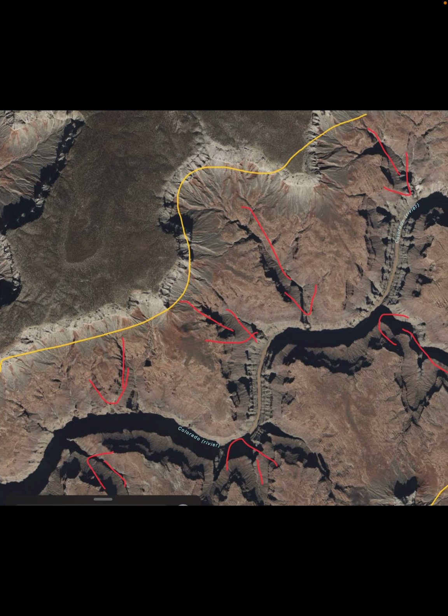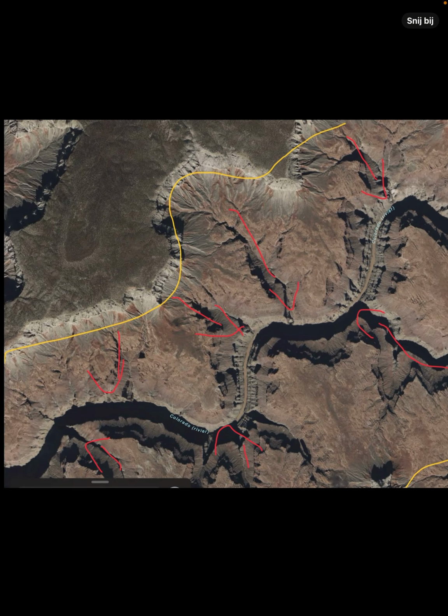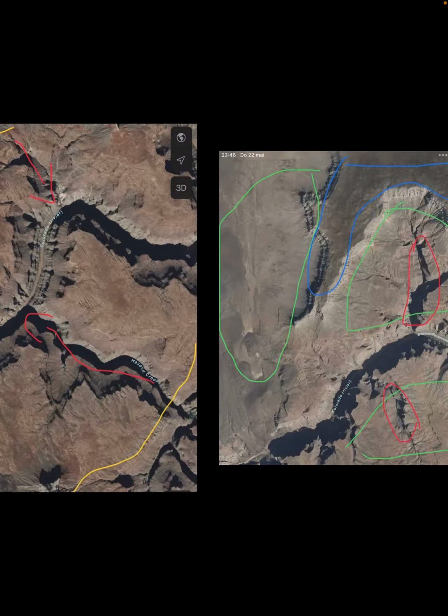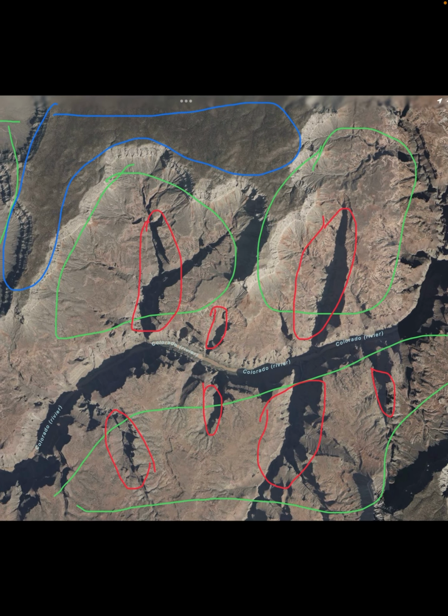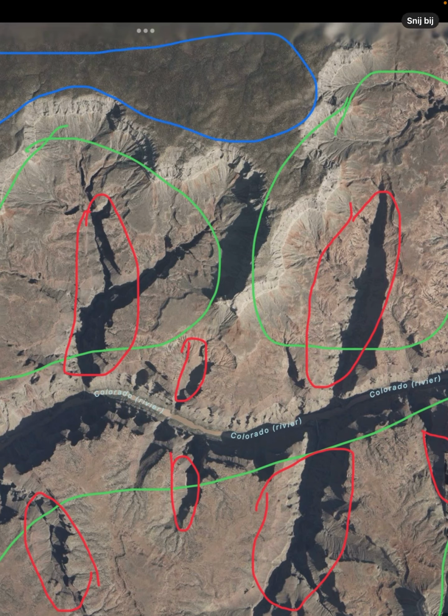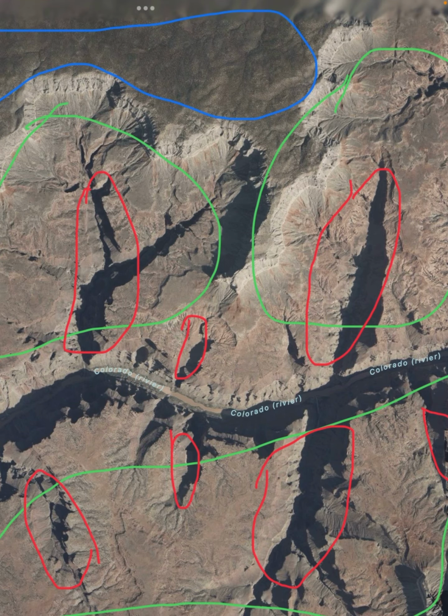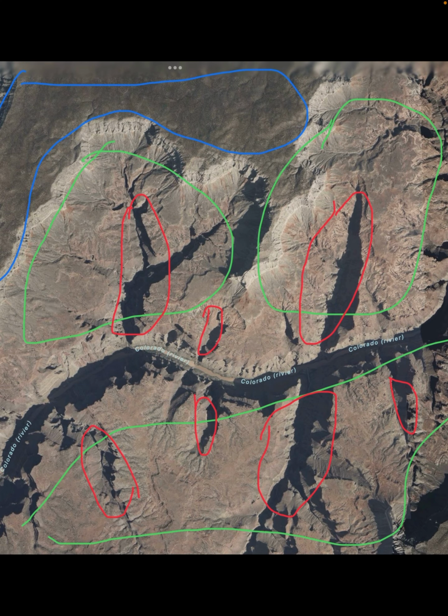It just doesn't look cut out by a river over long periods of time, because you can see these areas at the sides. This is not created by the Colorado River, but by water that was flowing from the side into the canyon.